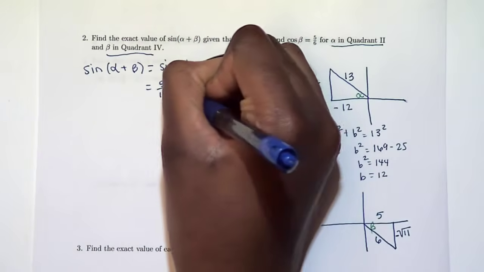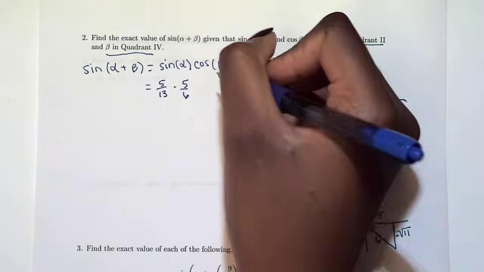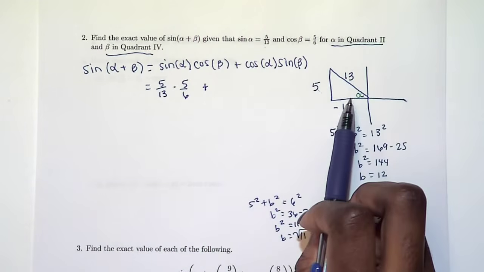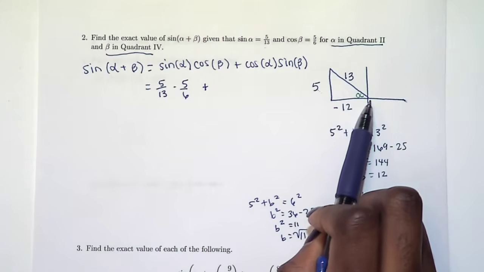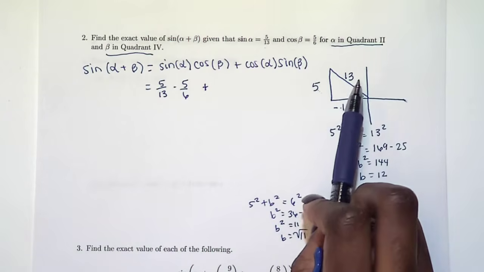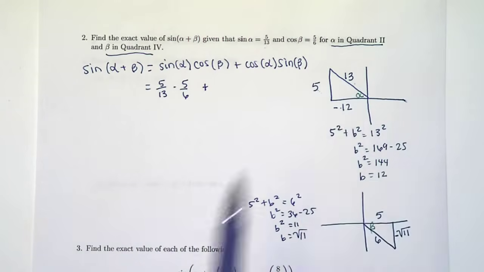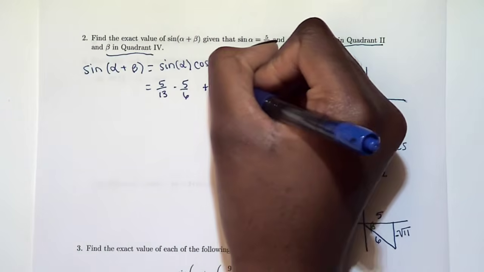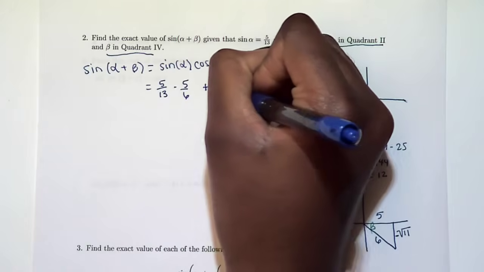We were also given that one. Cosine of alpha, we need to use our triangle with alpha, so that would be 12 over 13. Noticing that we're in the second quadrant, cosine is negative, so it's going to be negative 12 over 13.